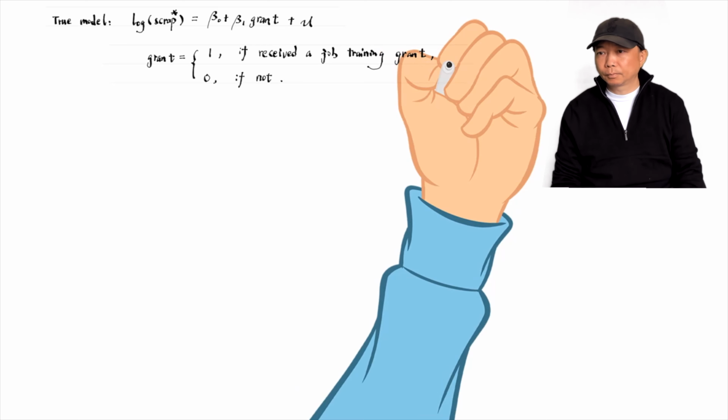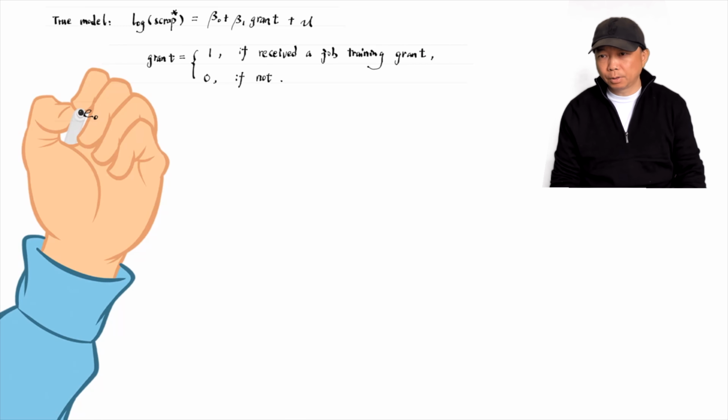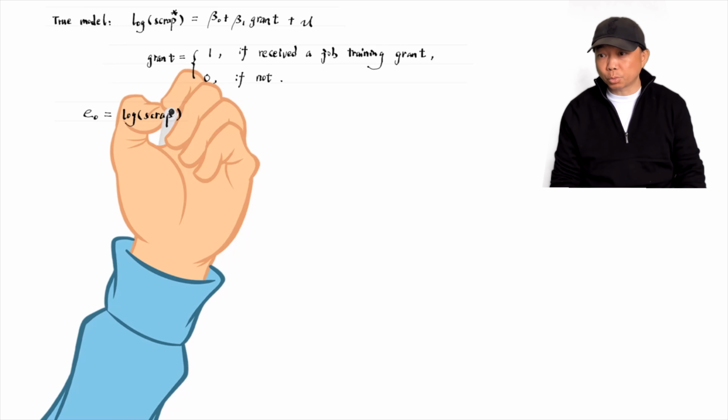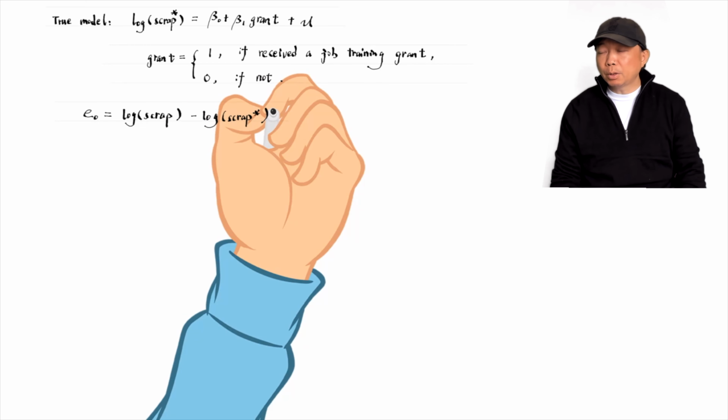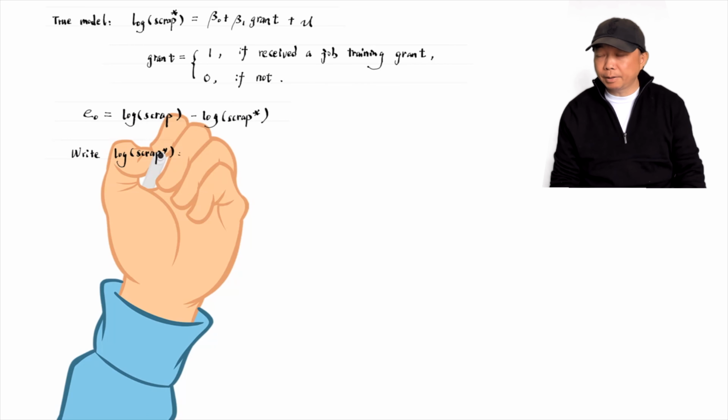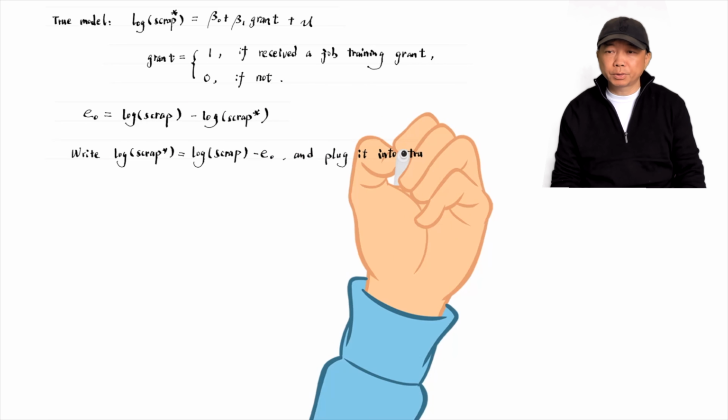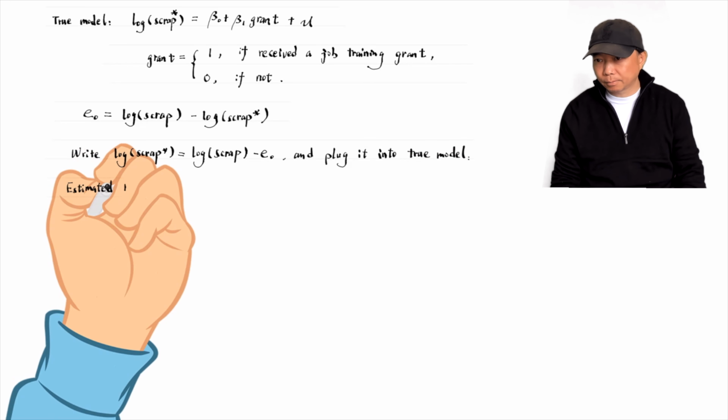The firms that did not receive a job training grant should not have an incentive to over-report or under-report their scrap rates. However, the firms that received a job training grant may have an incentive to under-report the scrap rates because they want to make the grant look effective and hope to receive the grant again.